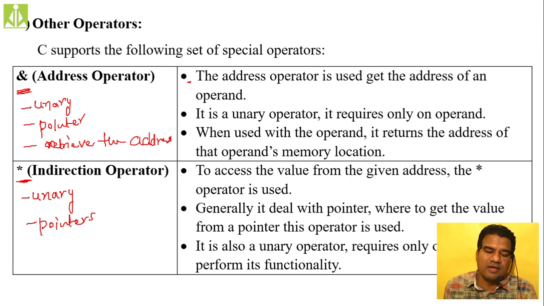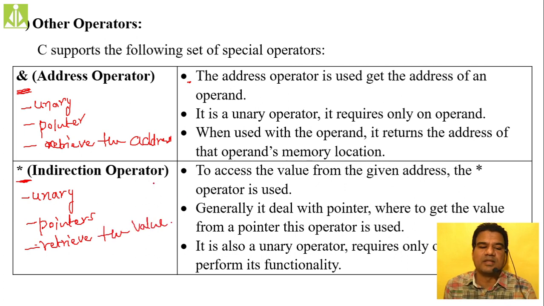Why do we use this one? To retrieve the value, not the address but the value. Remember this one. Ampersand: unary operator used in pointers, retrieves the address. Asterisk: unary operator used in pointers, retrieves the value.